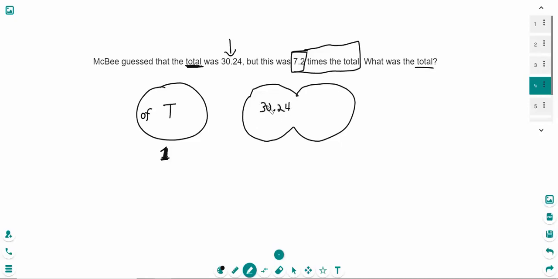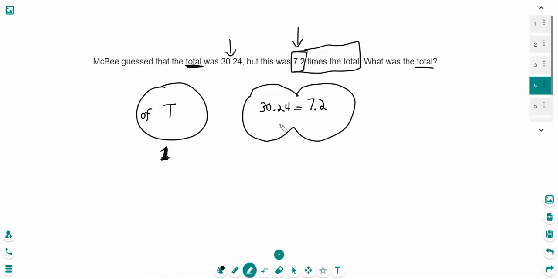That's just a number. That didn't have to be a decimal. It's just 30.24. It happens to be a decimal. 30.24 is equal to this 7.2 times the total. All right? Or you could say 7.2 of the total if you wanted to. All right? So 30.24 is equal to 7.2 times the total.